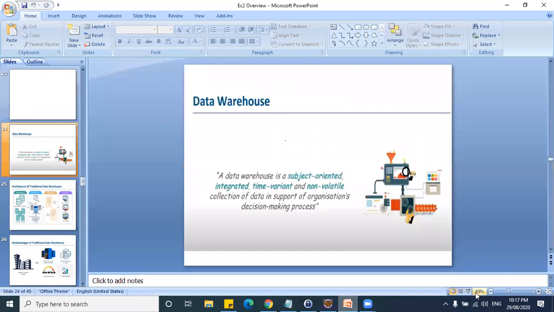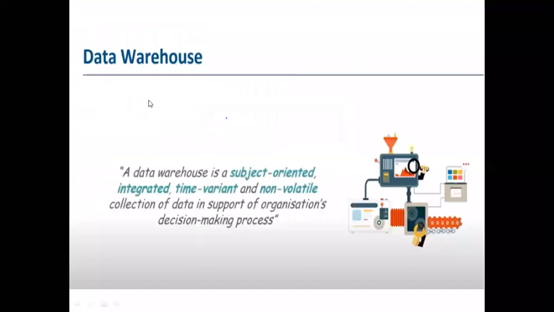So Redshift is mainly for solving data warehouse problems for small and bigger companies who don't want to manage their own data warehousing clusters, nodes, and other materials. Let's see what exactly a data warehouse is and why. A data warehouse is an integrated, time-variant, and non-volatile collection of data for the organization's decision-making process.